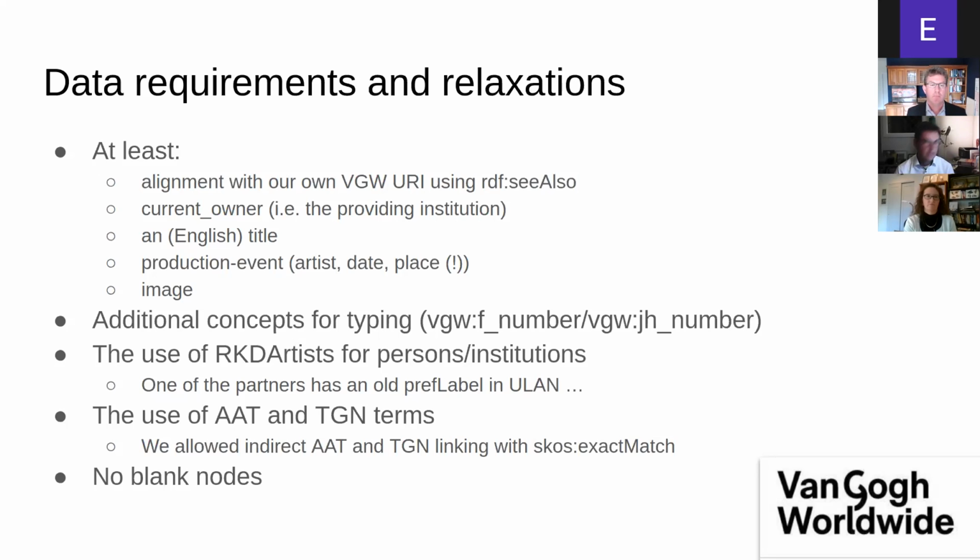So we needed an English title, otherwise you could not build an English website, and you needed a production event with artist, date, and place. And place was pretty important because we based the facet filtering of the periods in the work of Van Gogh on the place.